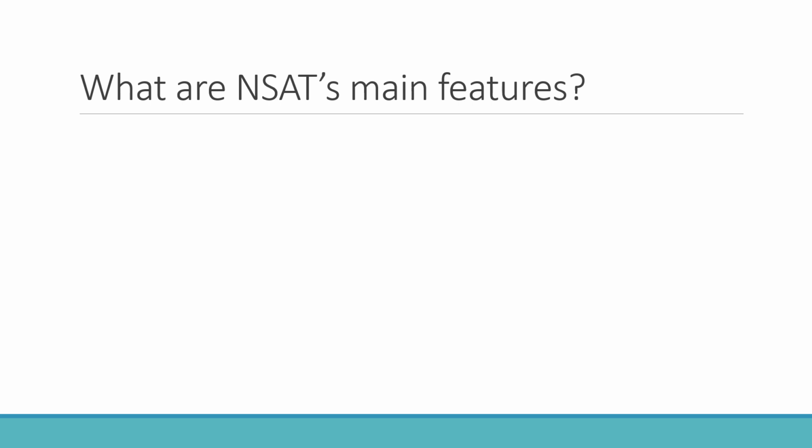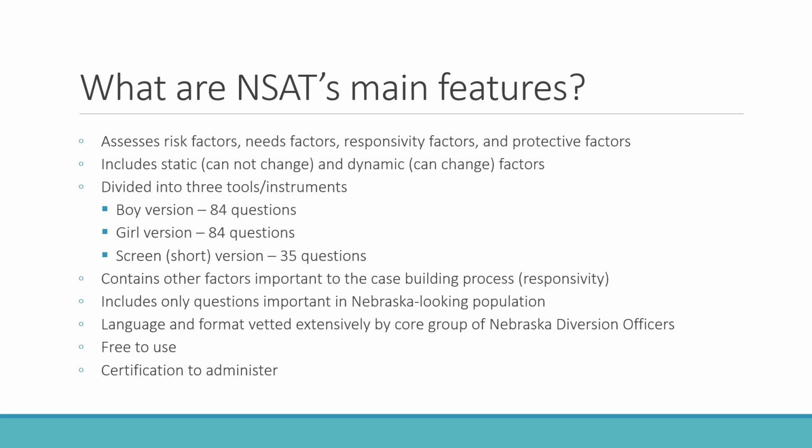What are the NSAT's main features? Assesses risk factors, needs factors, responsivity factors, and protective factors. Includes static, cannot change, and dynamic, can change, factors. Divided into 3 tools or instruments. Boy version, 84 questions. Girl version, 84 questions.